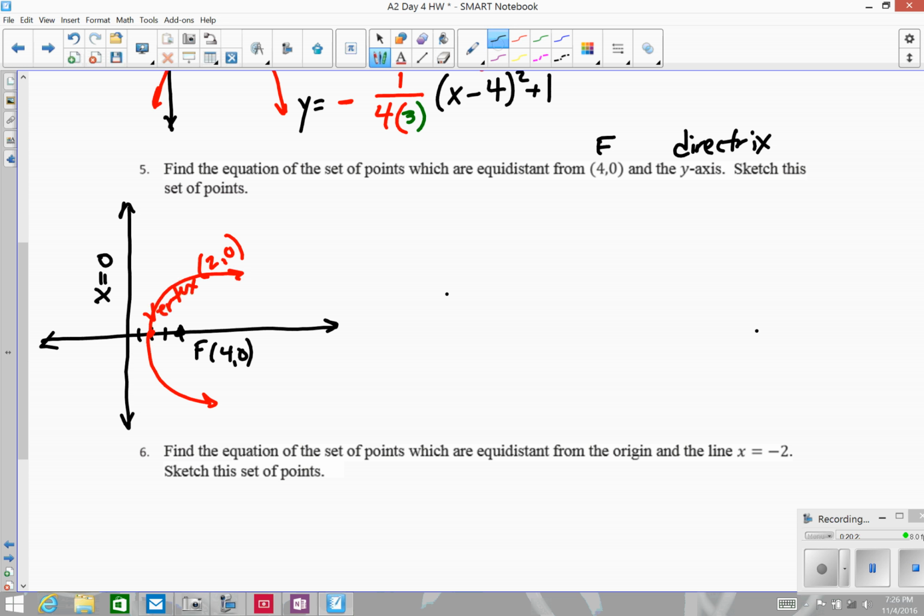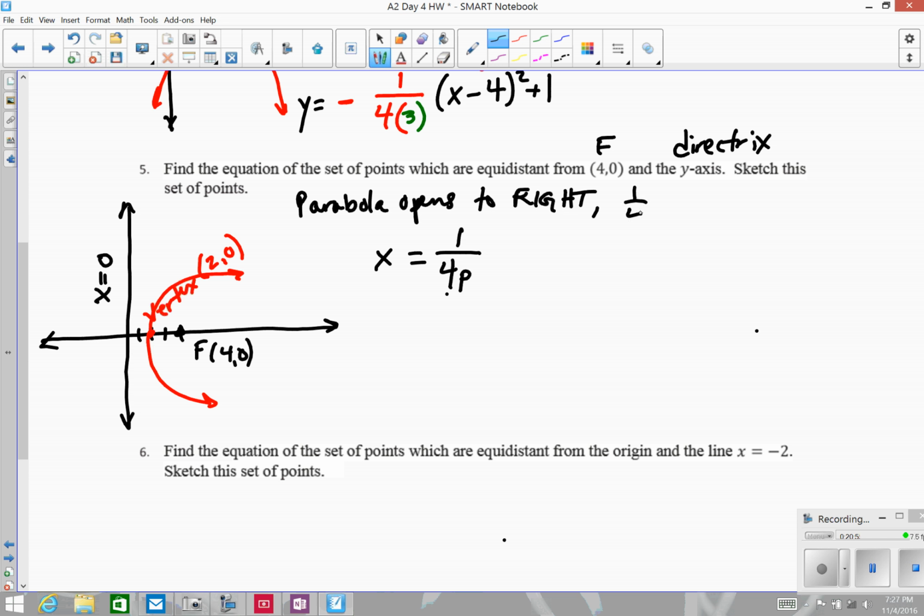So, a couple things we need to remember when we have a parabola opening up sideways. If this parabola opens to the right, then the equation that I want to use is switching my x's and y's with a positive leading coefficient.